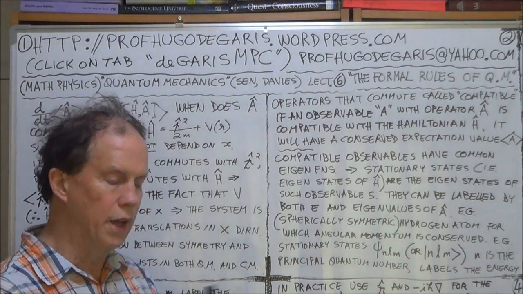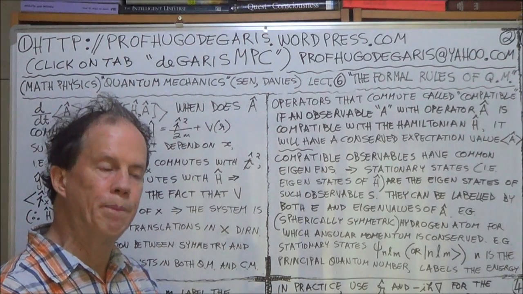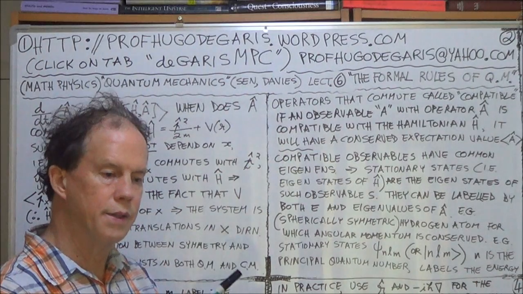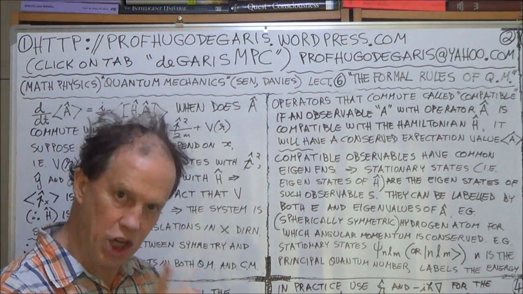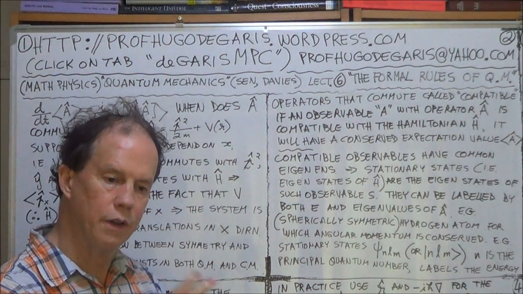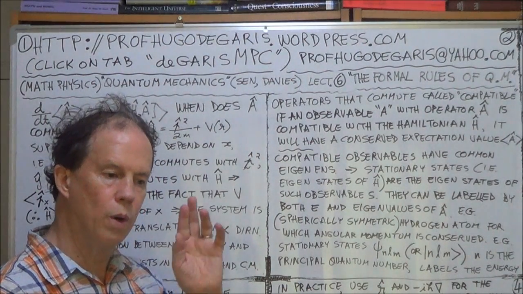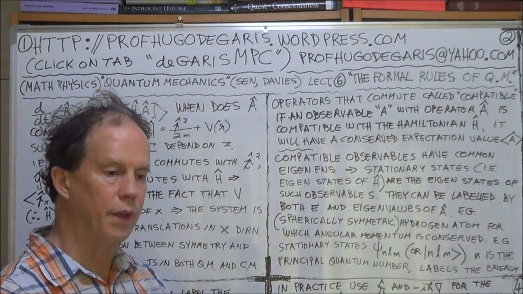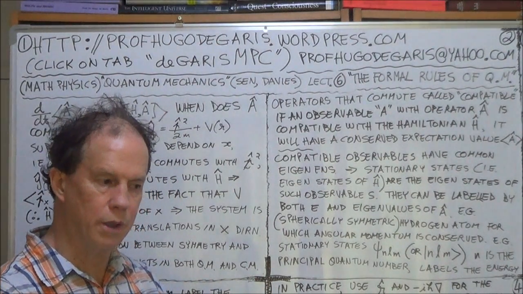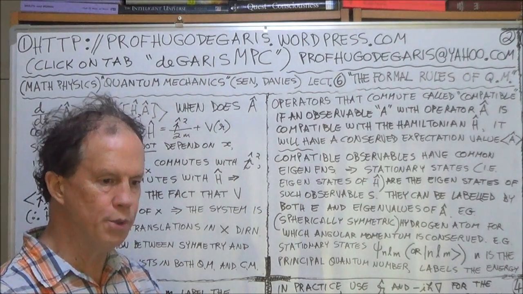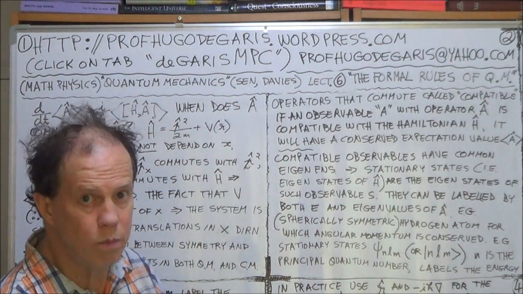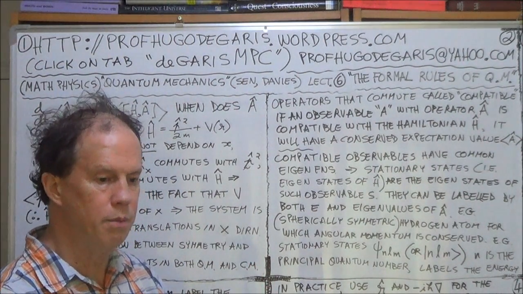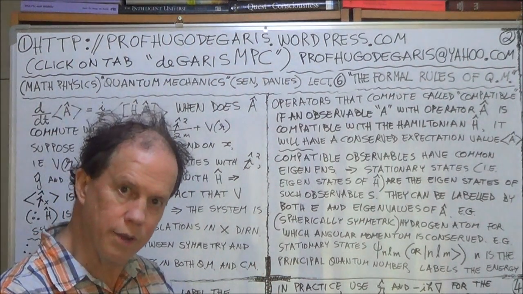I'll try to tie that again. You have an observable A with the corresponding operator A hat, and let's say that A hat and the Hamiltonian H hat commute. Therefore A hat and the Hamiltonian H hat are compatible. The two observables, A and the energy, E, will have the same set of eigenstates.